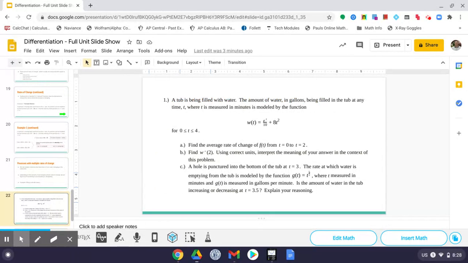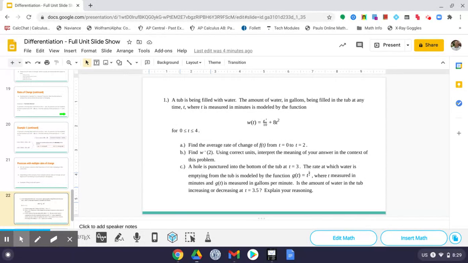This is also a really good free response style question that you might have to do eventually. So this is a really good example for us to work through. So the scenario is that a tub is being filled with water. Okay. The amount of water in gallons being filled in the tub at any time t, where t is measured in minutes, is modeled by this function. W of t equals e to the t over 10 plus t squared, specifically for the t values from 0 to 4.